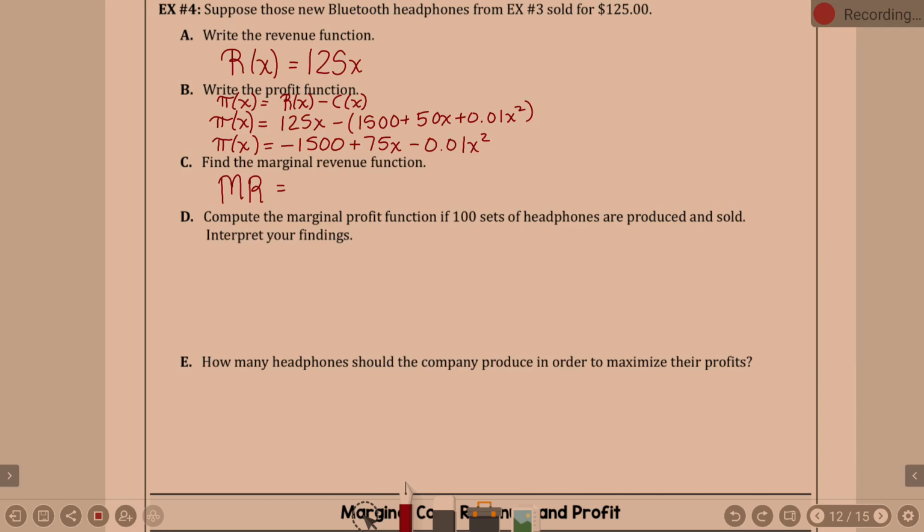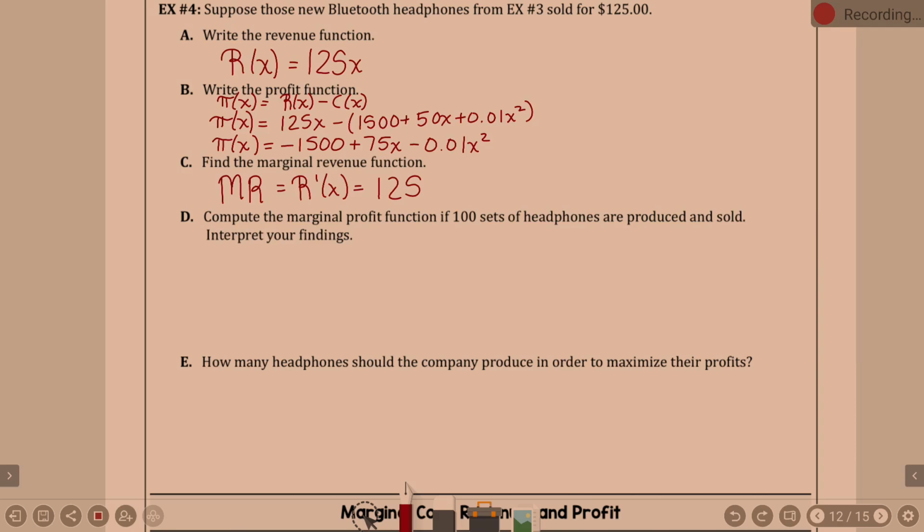Marginal cost is equivalent to C prime. So marginal revenue is equivalent to R prime. And what is R prime? 125. That was a tough derivative, wasn't it? See, you have to think you've learned something this year. You didn't know that a few months ago. You've learned more than that, I promise.